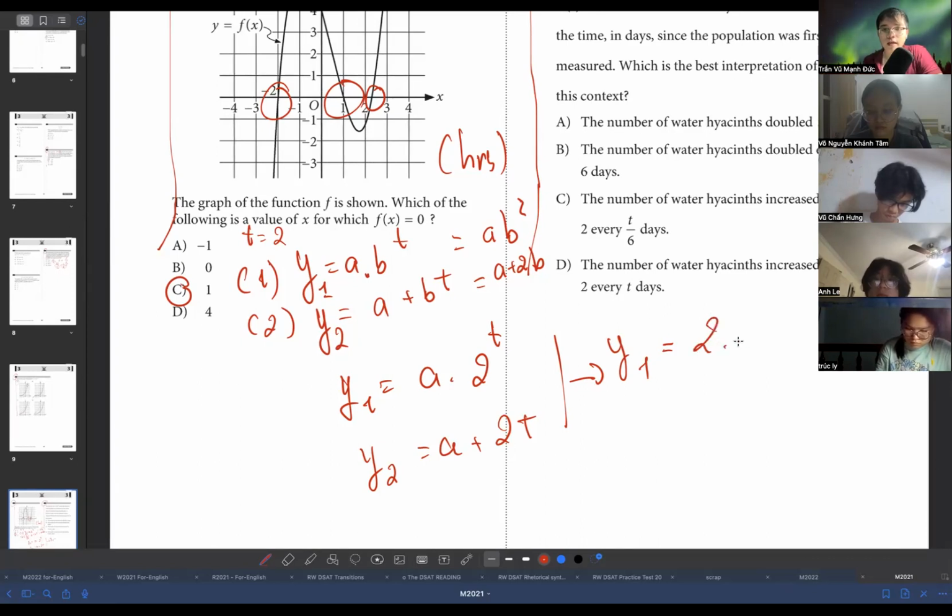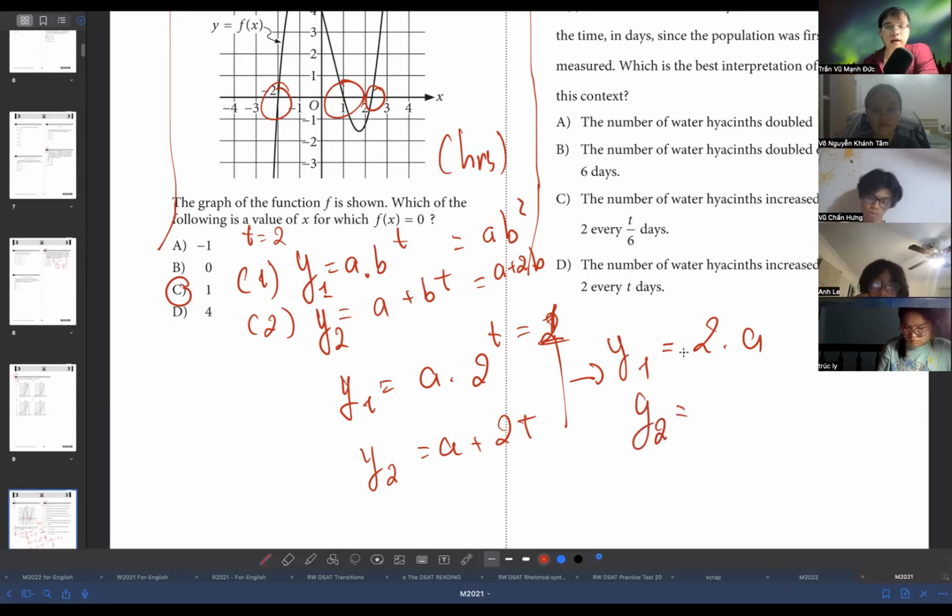So 2 times a. If I say t equals 2, firstly equals 1. Am I saying that y1 doubles every 1 hour? After 1 hour, y1 doubles, right? How about y2?